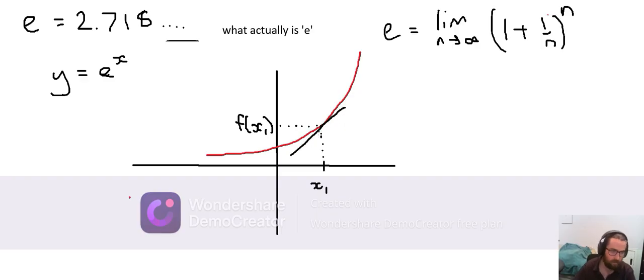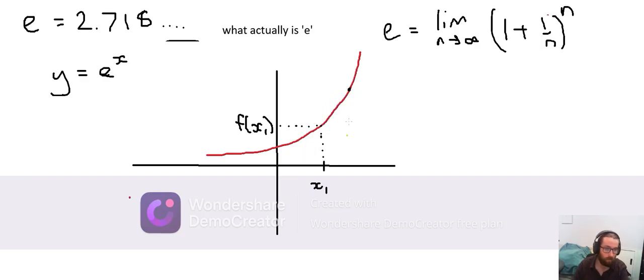But I can't do that because it's just one point. In order to find the slope of something, I can do it easily with 2 points. I can pick a point here and speak about the slope of this line. That's fine. But this is not going to be the same thing as my tangent here. The line is a bit off. The key idea here is that as this point gets closer to being in line with x1, this tangent is going to get more and more accurate.